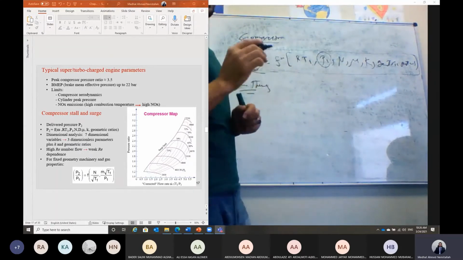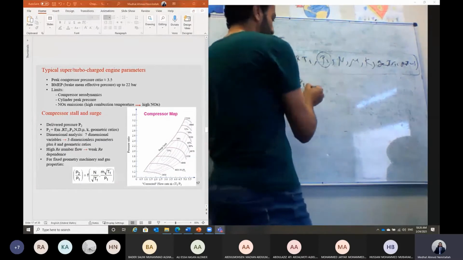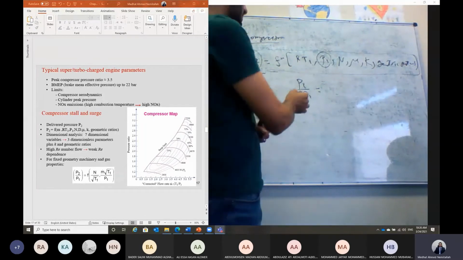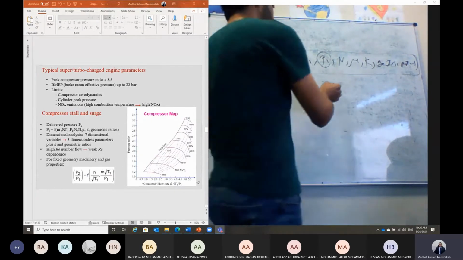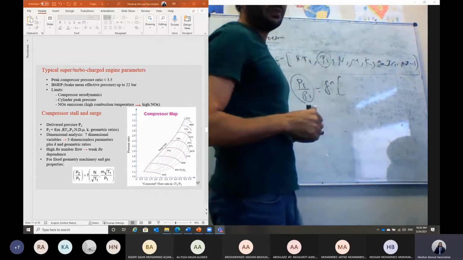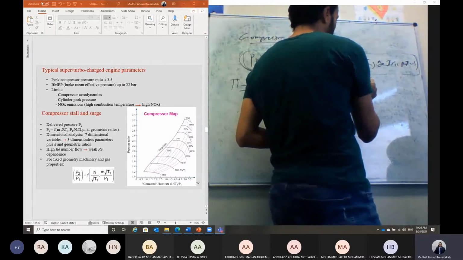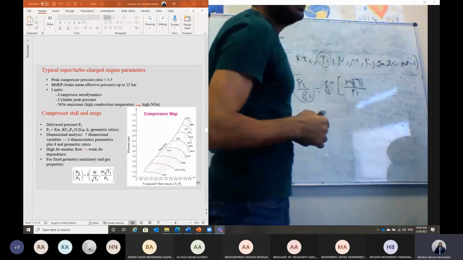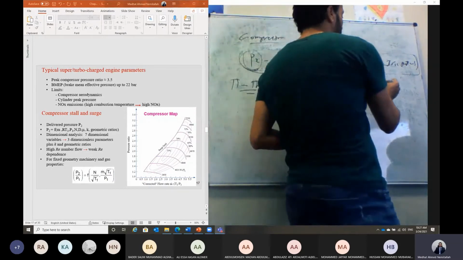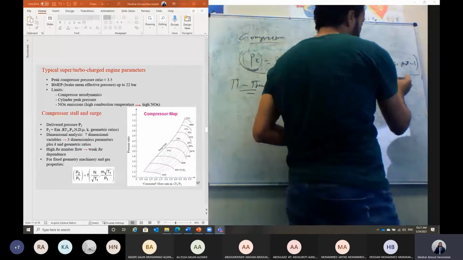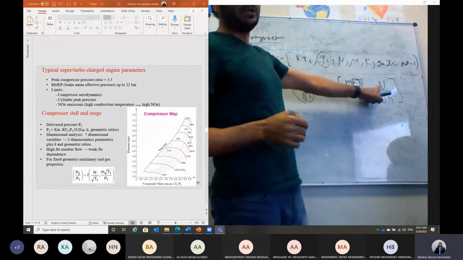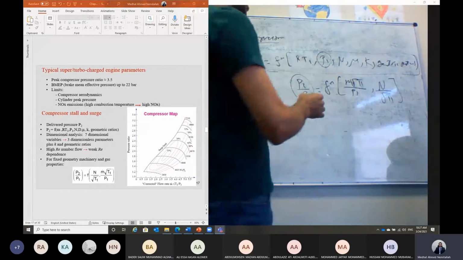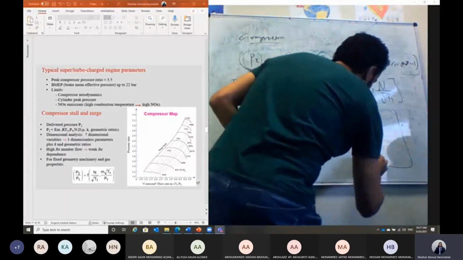Using the Pi theorem, which is not our subject here, we get a relation between the pressure ratio, a dimensionless parameter, as a function of the dimensionless mass flow rate, m dot multiplied by the square root of the inlet temperature T1 divided by the pressure P1, and the shaft RPM of the compressor divided by the square root of the inlet temperature. Based on those parameters, we can generate what's called the compressor map.